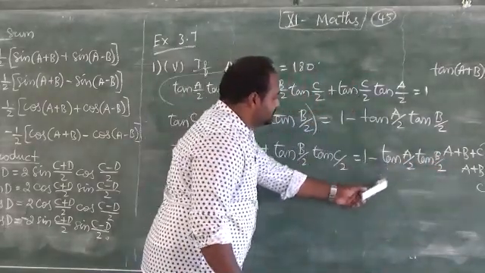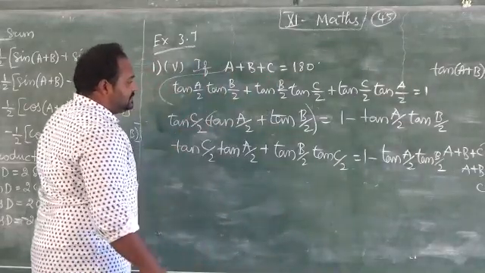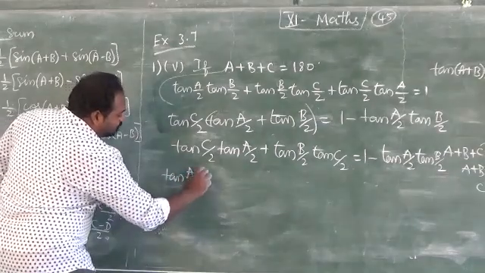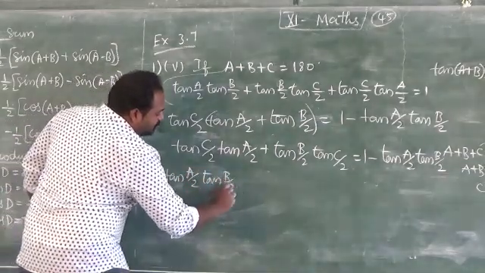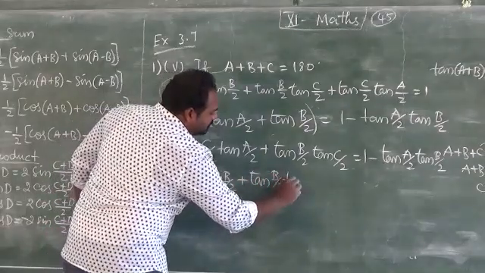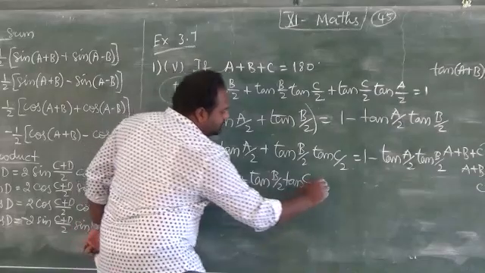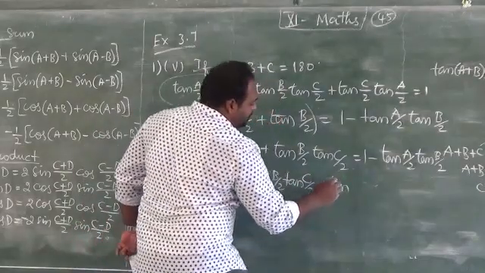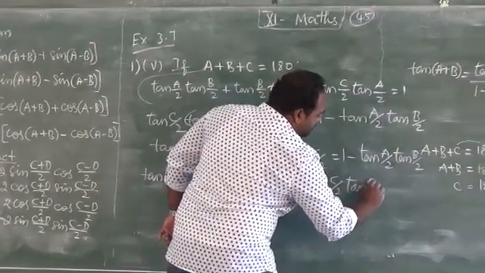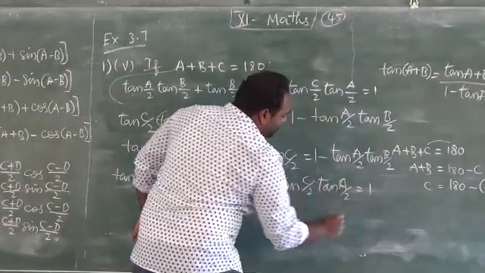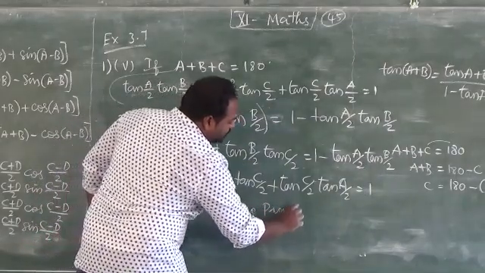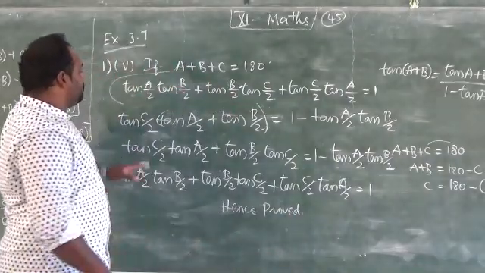Now if you bring this term to this side, you will get tan A by 2 tan B by 2 plus tan B by 2 tan C by 2 plus tan C by 2 tan A by 2 equals 1. Rearrange the terms and you will get the answer. Hence proved. For this problem alone, we have to think before we start the problem.